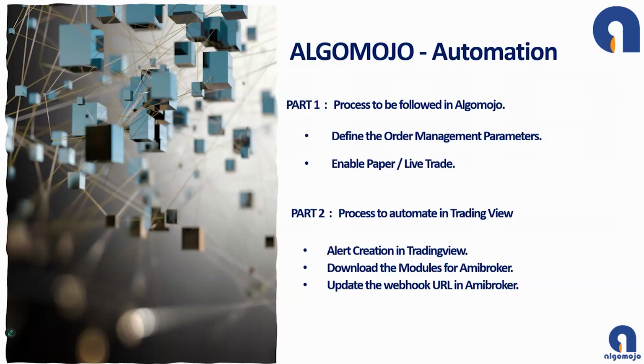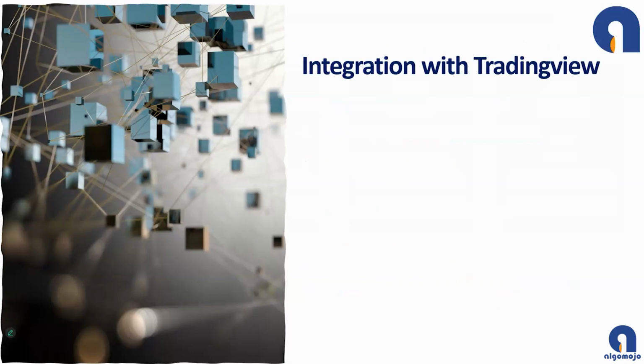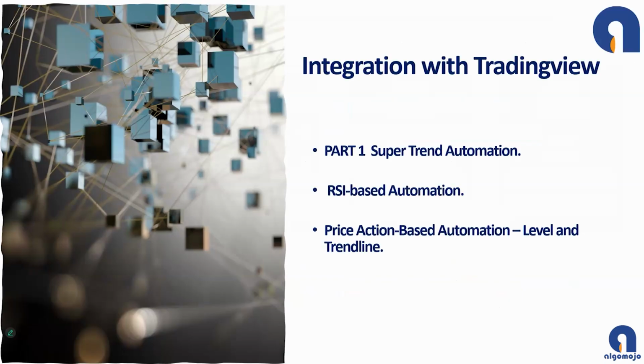Once you do these two steps, your signals will be processed and orders will be placed in your account. So we saw how to do it with Supertrend and trend line based kind of studies. You can bring in any study. The process will be similar in terms of doing the setups. No complication involved at all.